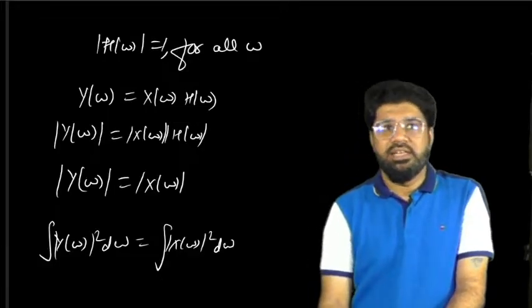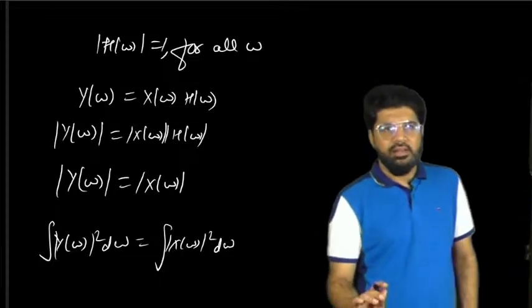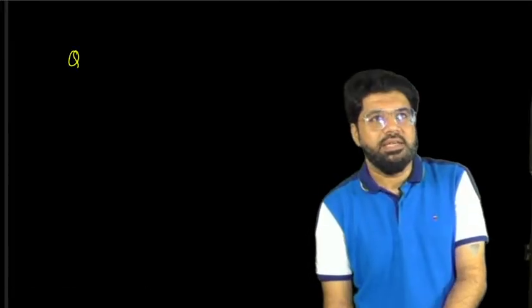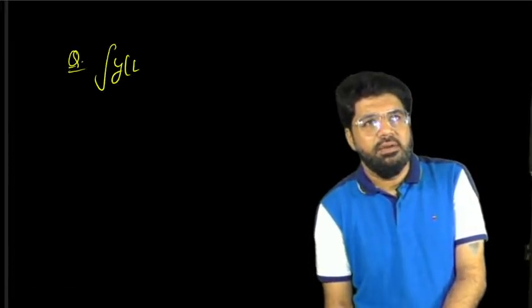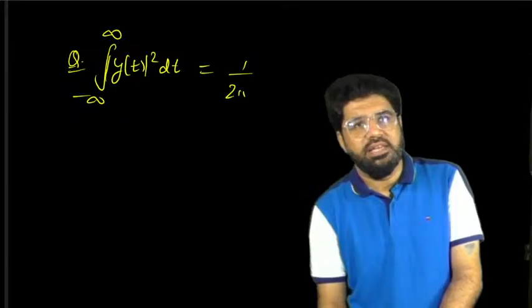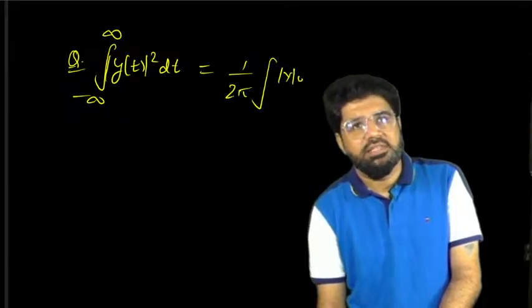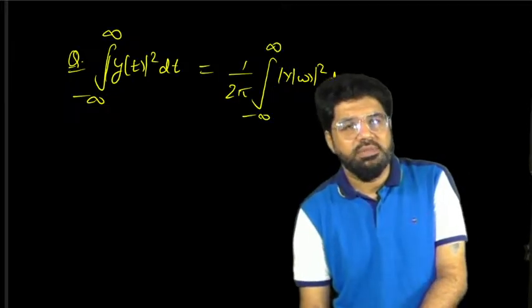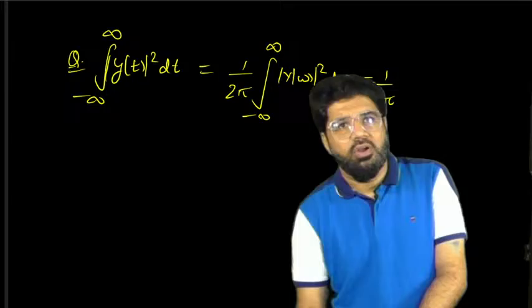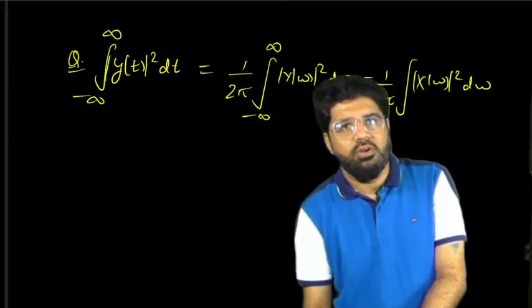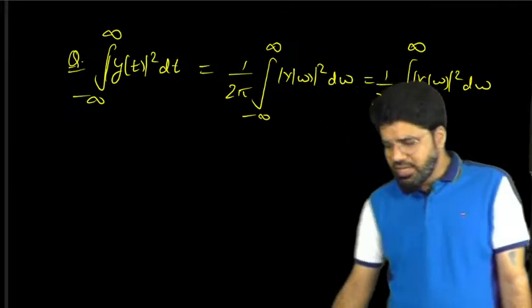So my actual question, the integral of modulus of yt whole square dt, which is the energy of yt, as per Parseval's relation I will write as integral of modulus of Y omega whole square d omega. But this question becomes simple now because modulus Y omega whole square will be the same as modulus X omega whole square d omega. But what is X omega now?